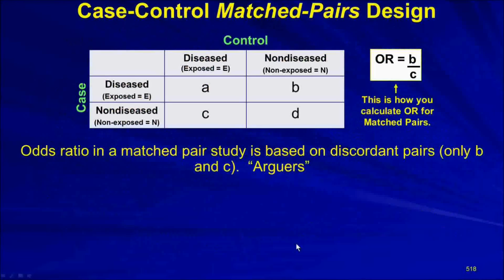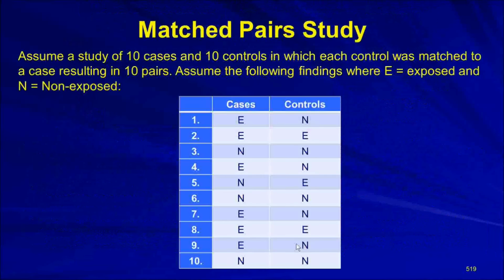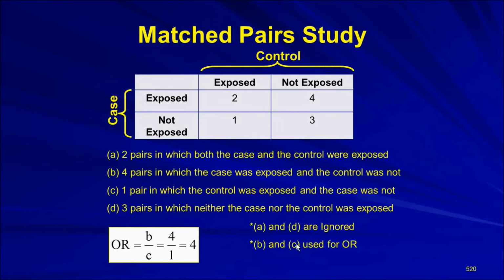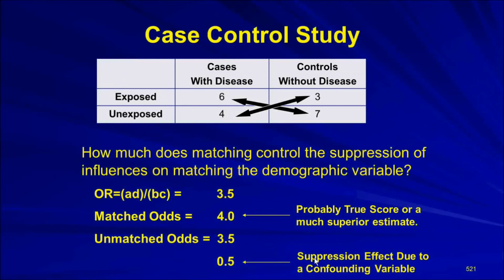And by controlling them and matching cases and controls, we gained a risk of 0.5, and because those were confounding variables, the true risk we would report is 4. And this would be a high risk because we said anything over 2 is substantial.